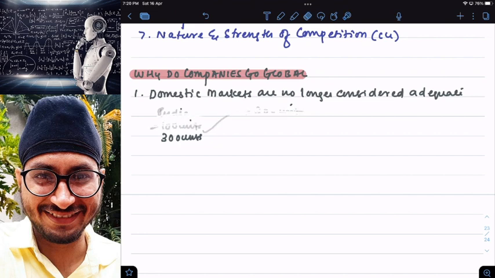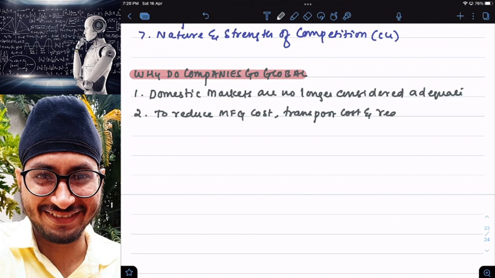Then reason number 2: to reduce manufacturing cost, to reduce transportation cost, and to reduce taxes. Sir, I want to reduce the manufacturing cost. If I manufacture goods in India, it is very costly.